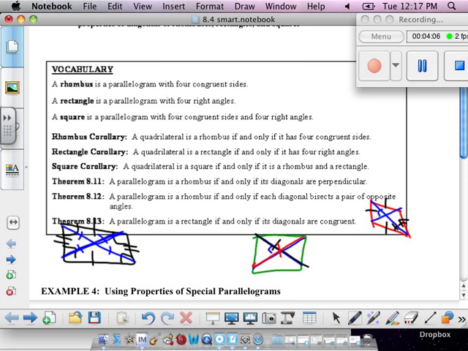Okay. Next, we've got square. Square I am going to give to Stacy.